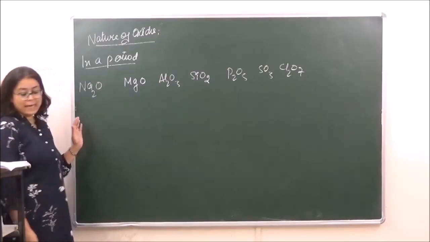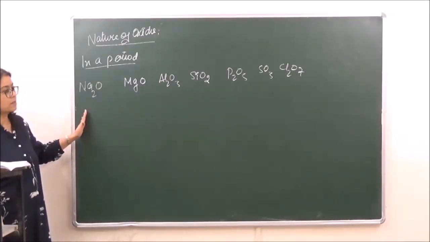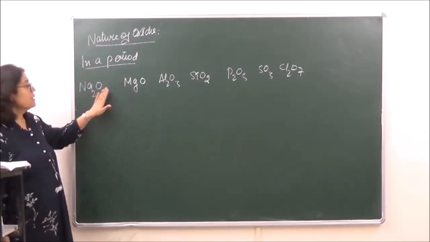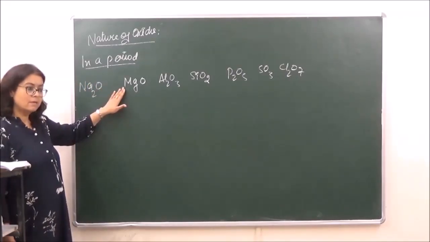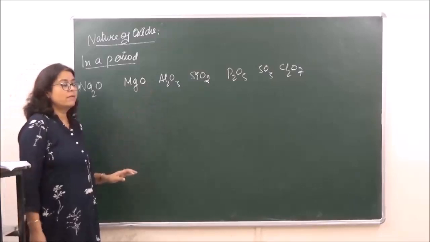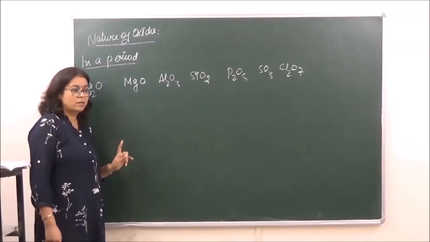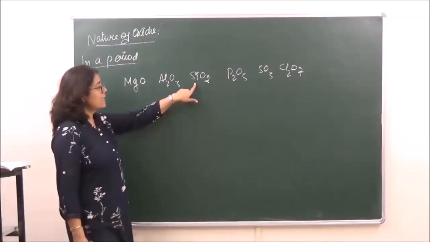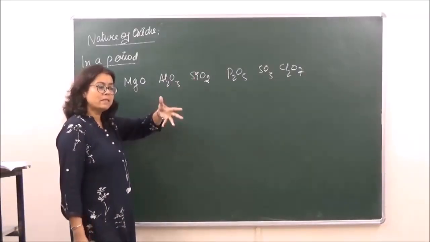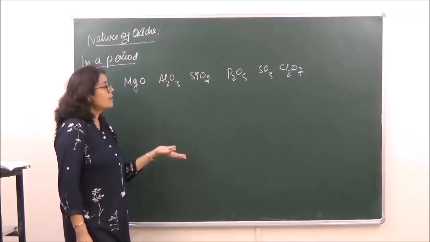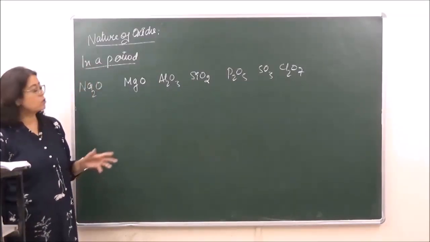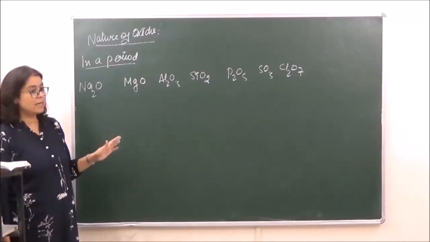So sodium oxide, Na2O, is strongly basic. MgO is basic. Then Al2O3 is amphoteric. SiO2 is weakly acidic, because silicon now becomes a non-metal.